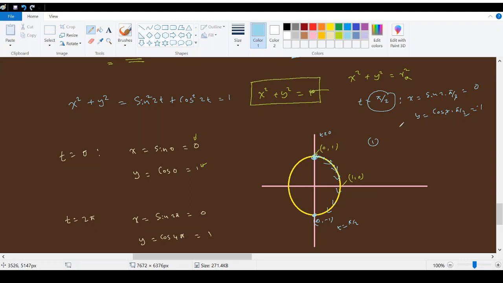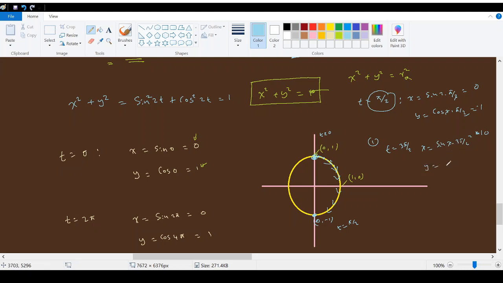And likewise, let's have a look at the values of x and y when t is 3 pi by 2. Then x will be equal to sine of 2 times 3 pi by 2. Sorry, this should be 0 because this is sine 3 pi.